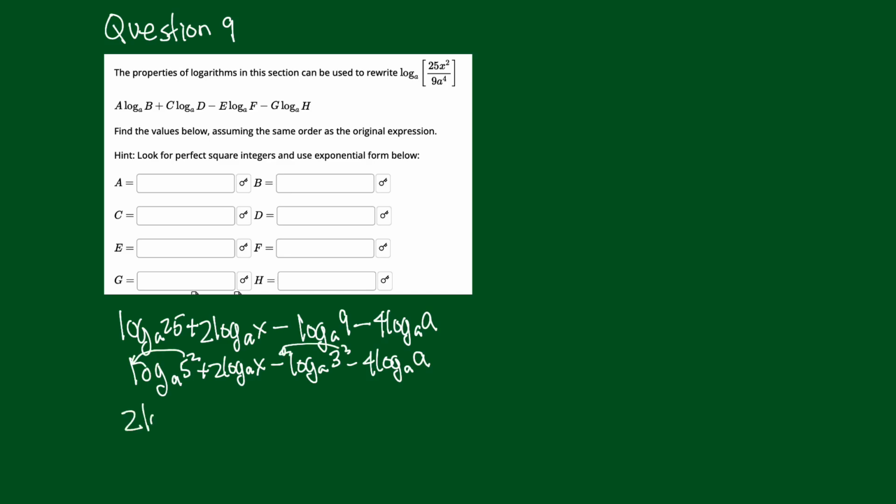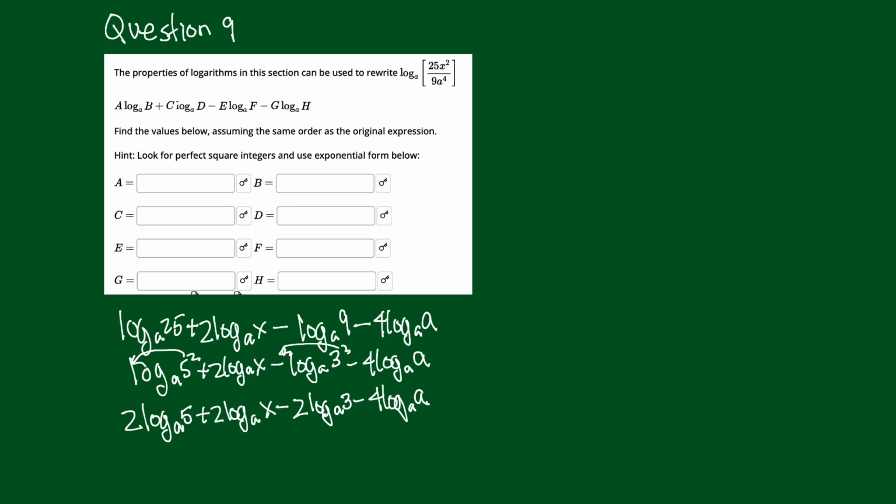So how about 2 log base A of 5 plus 2 log base A of x minus 2, bring that exponent down, log base A of 3 minus 4 log base A of A. Now here's what we have. A, B, C, D. So I think we can just read these right from down here. Just read them as you go.